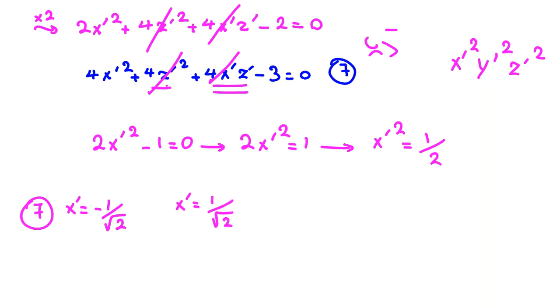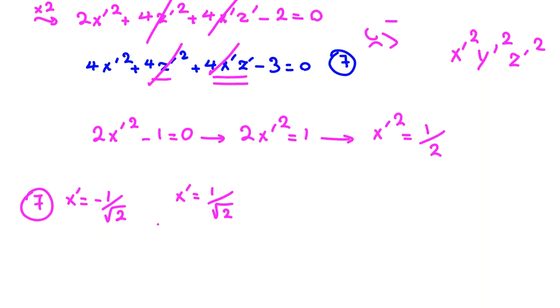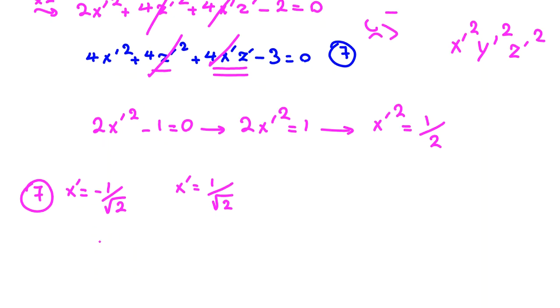So to see what z prime will be. If x prime is negative 1 over root 2, here we had case 2, it is case 2, 1. So 4x prime squared is 4 times 1 over 2. This 2, 1 is plus 2, 2.